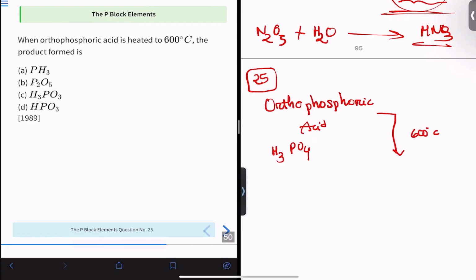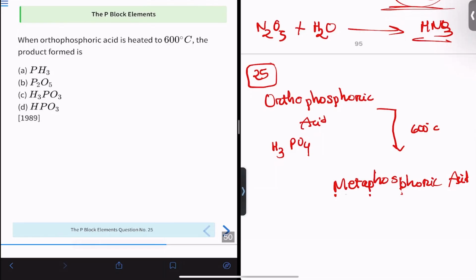Again a theoretical question directly from NCERT. If orthophosphoric acid is heated, it will form metaphosphoric acid. And what is the formula for metaphosphoric acid?